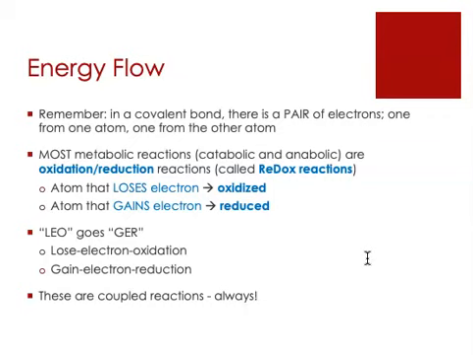Remember, these are always coupled. So in a chemical reaction, if one molecule is losing electrons, in other words, if bonds are being broken, then on the other side of the equation, another molecule must be gaining electrons. Bonds are being built. Oxidation and reduction always go together. They're always coupled.